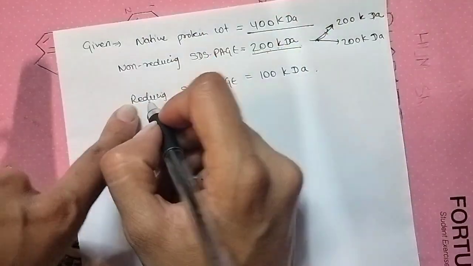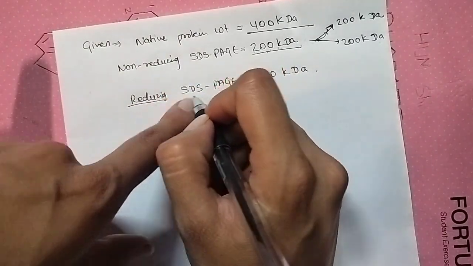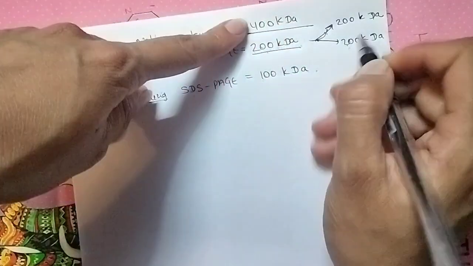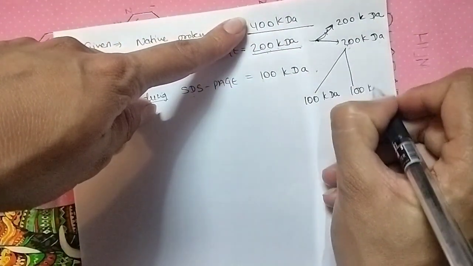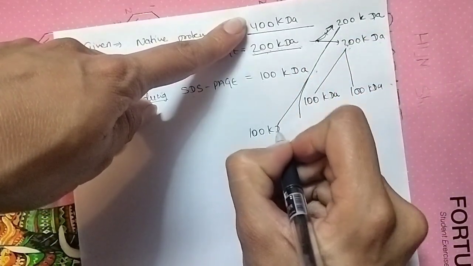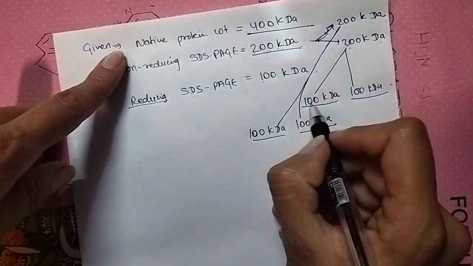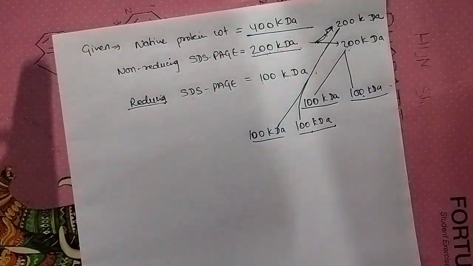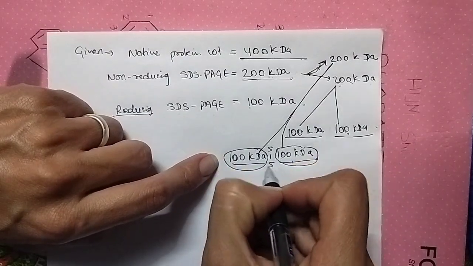While when we add a reducing agent like beta-mercaptoethanol, the SDS-PAGE gives 100 kilodalton, meaning this 200 kilodalton has been again divided into 100 kilodalton each. 100, and this one too, 100 kilodalton, 100 kilodalton. So here we know there are 4 subunits, 1 2 3 4, and this one and this one are linked with disulfide bond.